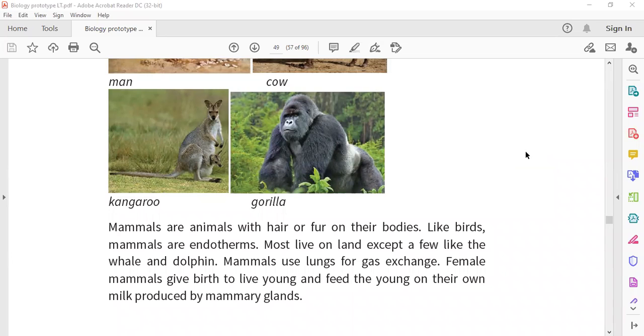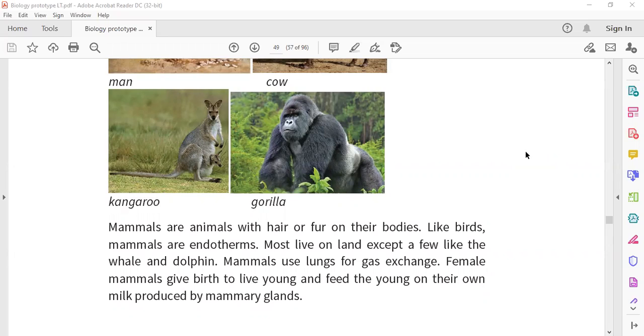And then where they live, we have those which live on land, most of them, they are terrestrial. Others are aquatic, like the blue whale and the dolphin. The blue whale is one of the largest mammals.